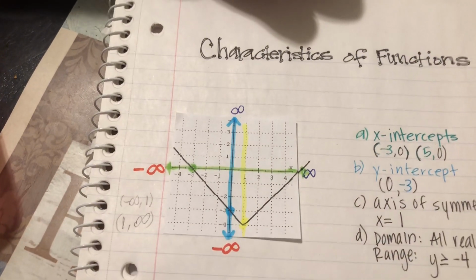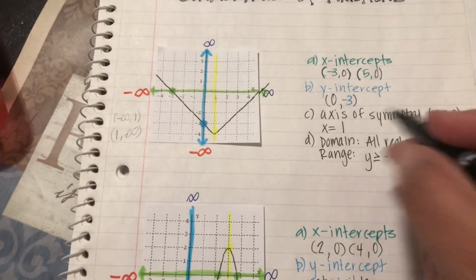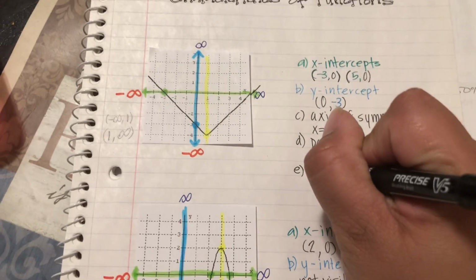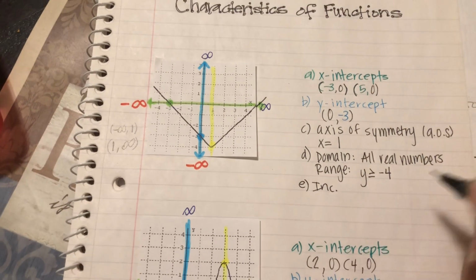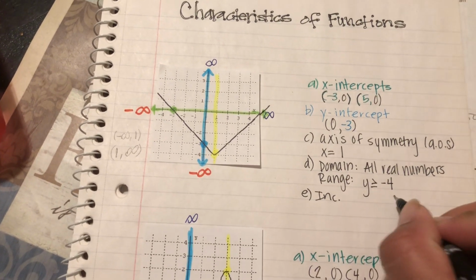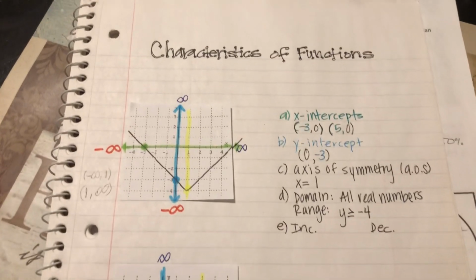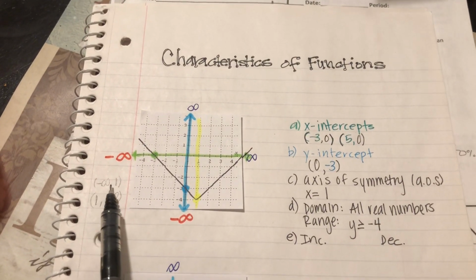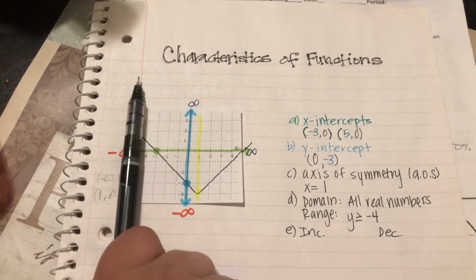Now I need to determine where I need to put these. Are these increasing? Are these decreasing? Because I don't have a lot of room, I'm just gonna write increasing and decreasing. So from negative infinity to 1, what's happening on my graph? We read from left to right.